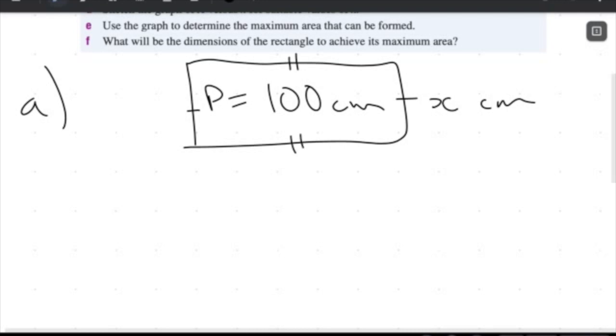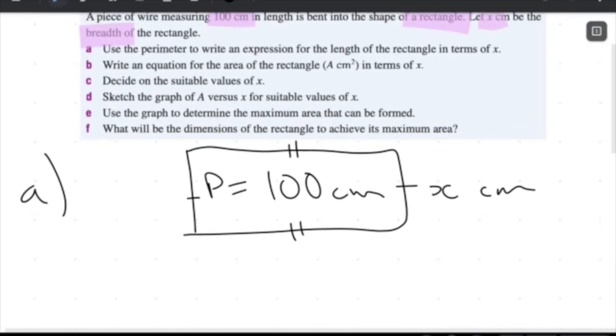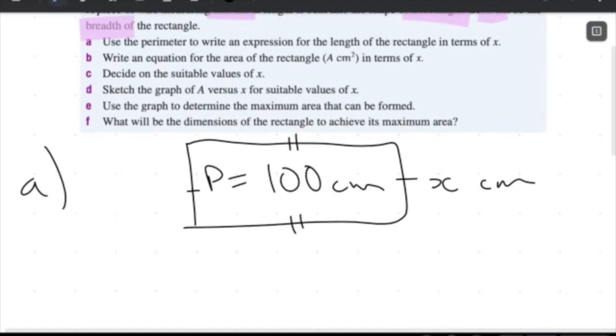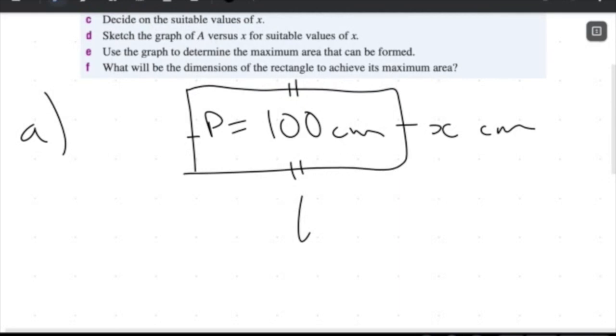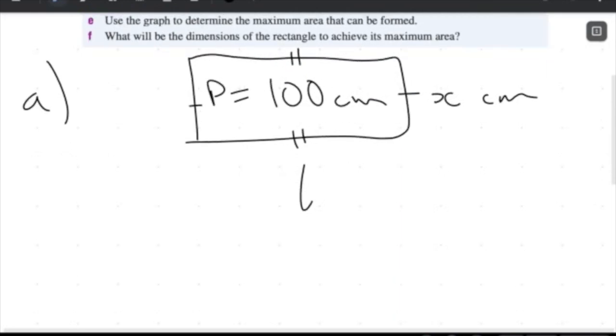Now, in part A, we want to use the perimeter to write an expression for the length of the rectangle in terms of X. When we're dealing with rectangles, we know that two lots of this length L, being added to these two lengths of X, in other words 2X, is going to equal my perimeter, my total outside length.